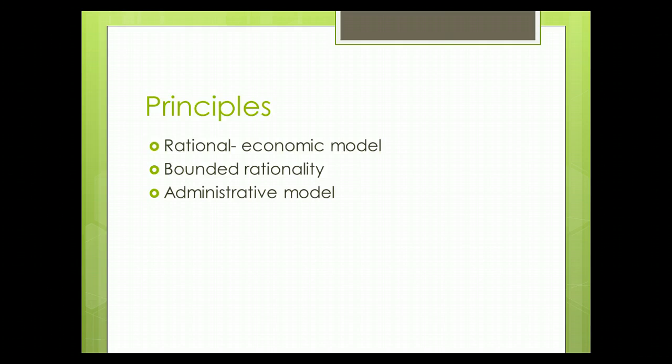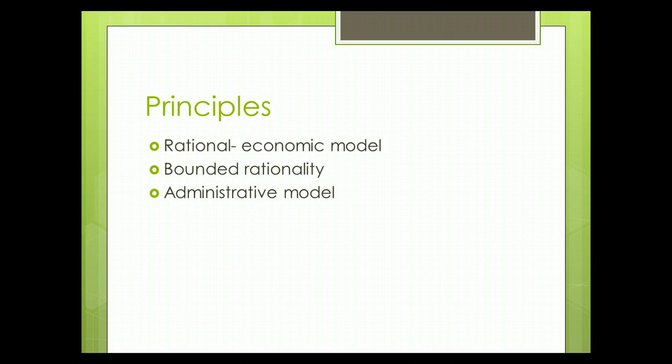And the administrative model also says that we choose solutions that seem adequate, but still may be less than optimal. So we know this may not be a perfect solution, but it appears reasonable and adequate, and so we'll just make the decision based on that. So the administrative model says, yeah, we're not going to process every piece of information perfectly, rationally, and completely.